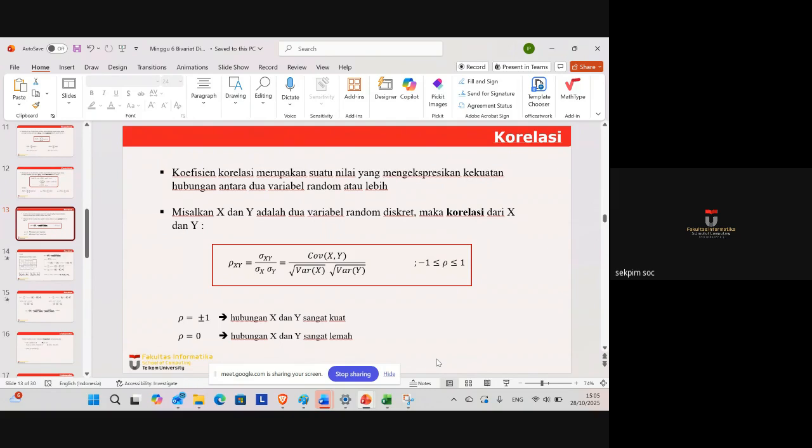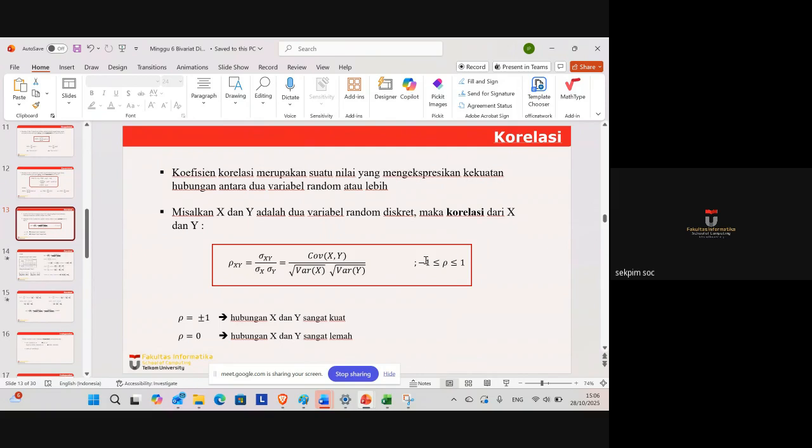But if it goes in the positive direction toward 1, it means they have a strong positive correlation. Positive means that when x goes up, so does y. And when the correlation goes in the negative direction and is closer to -1, the correlation is stronger, but negative.